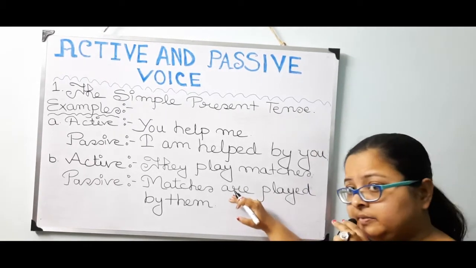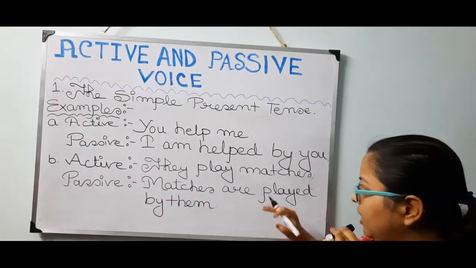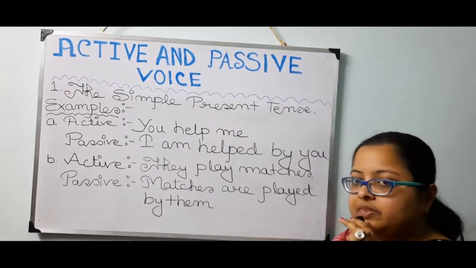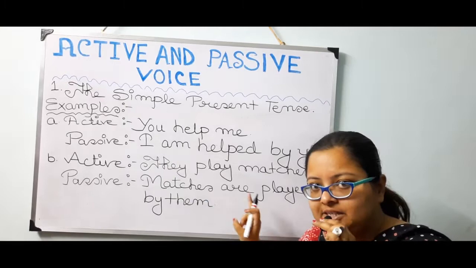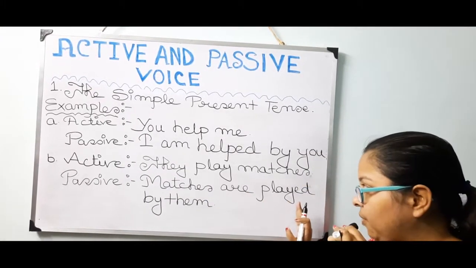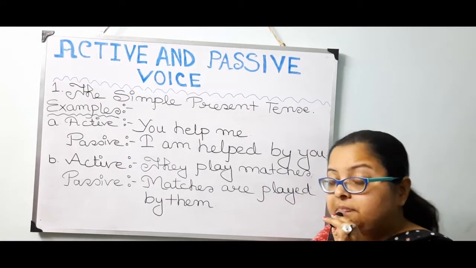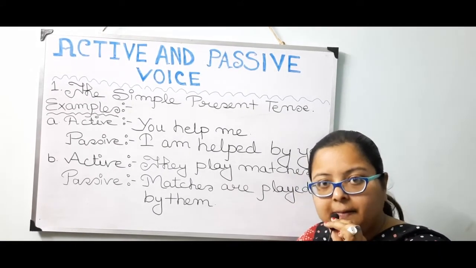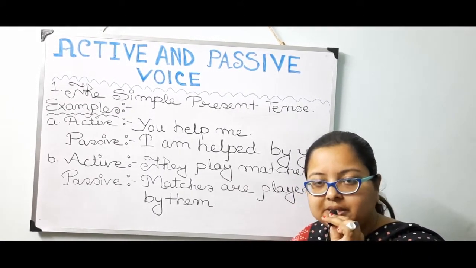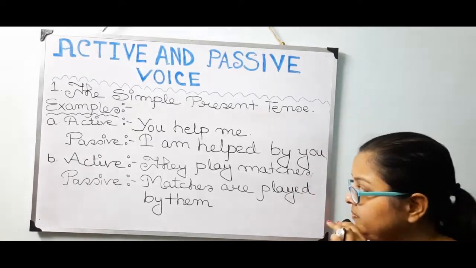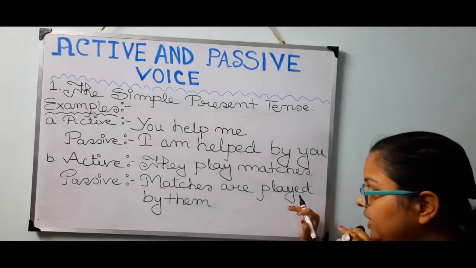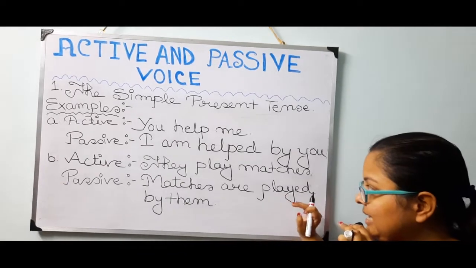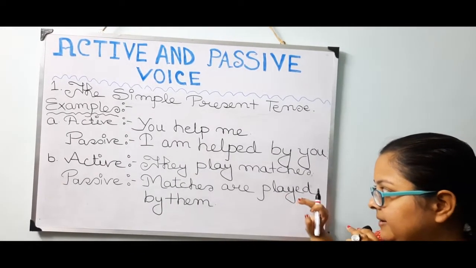So are, matches are, then play, first form of the verb, is getting changed into the third form of the verb, played. Play is the first form, second form played, and third form is also played. So over here third form of the word play is used, that is played.